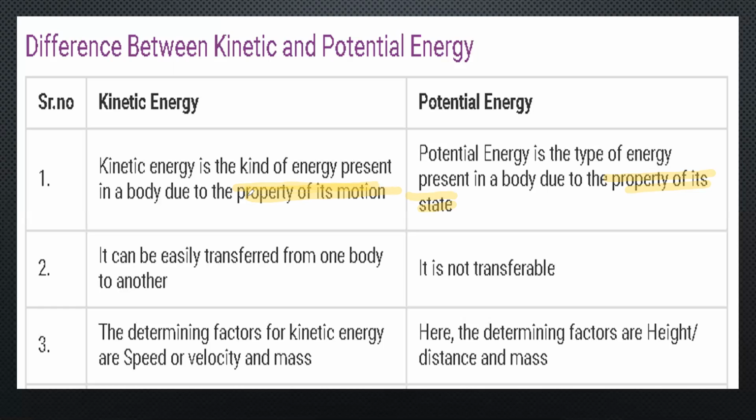Now, the kinetic energy can be easily transferred from one body to another. But the potential energy cannot be transferred. The factors that the kinetic energy depends on are the speed or velocity and the mass.